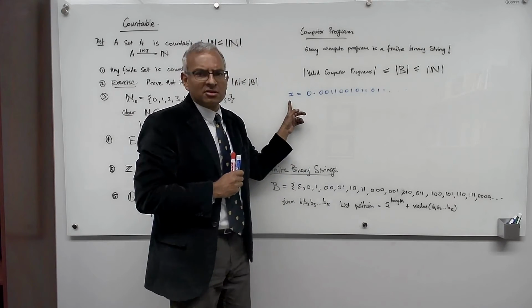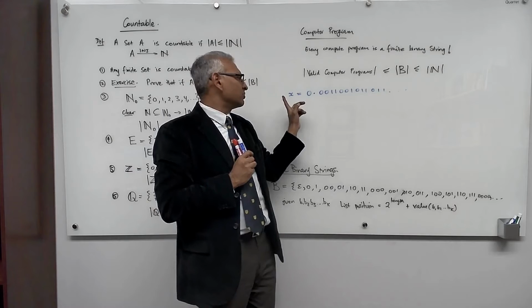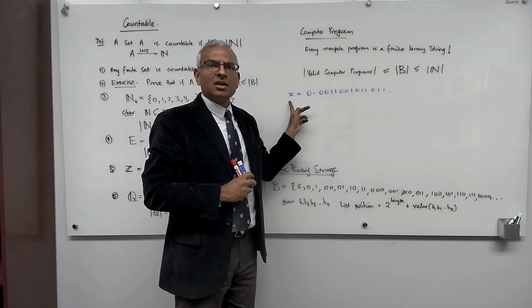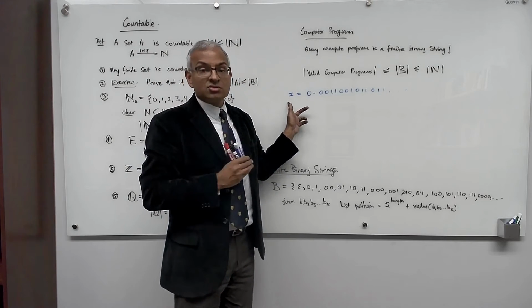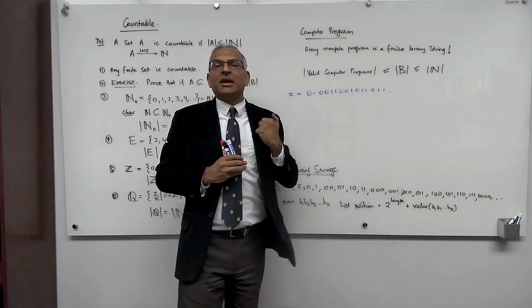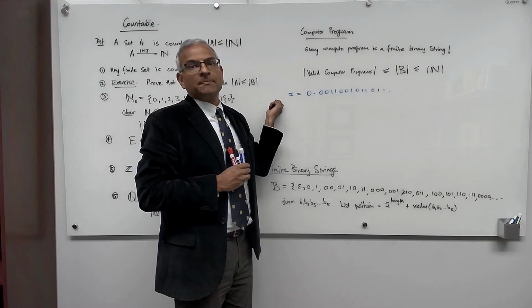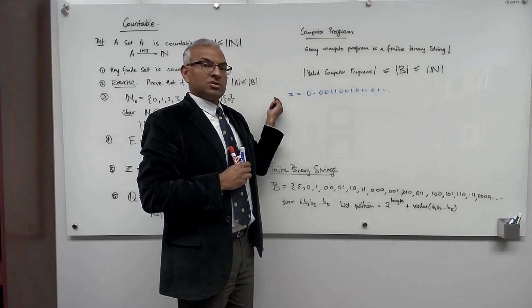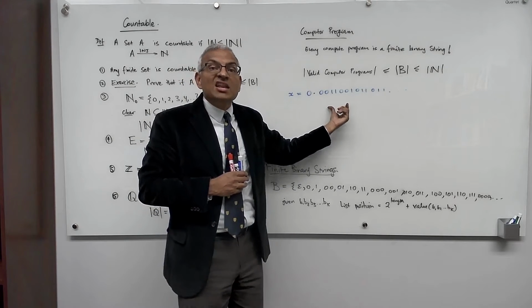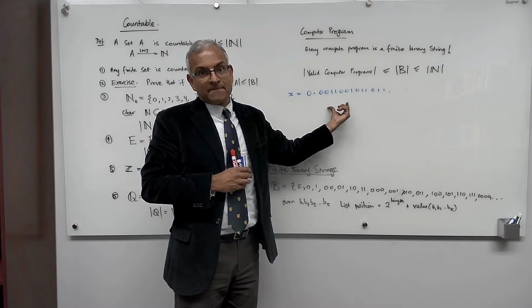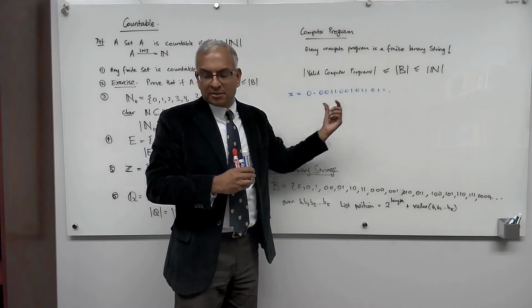Now, we're not going to consider the real numbers. It's a little bit more complicated with the real numbers, and you can see the text for that. We're going to consider another set which is just as useful for us, which is the infinite binary strings. There's this relationship which suggests that the real numbers will also be strictly larger than the natural numbers. We're going to show that the set of infinite binary strings is not countable.